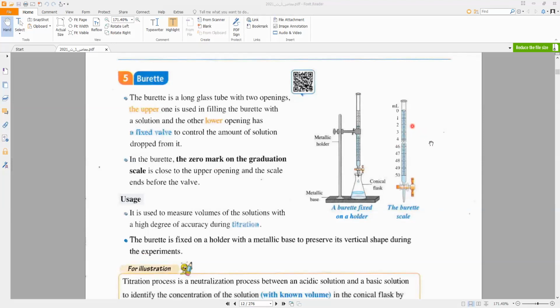In the burette, the zero graduation mark is close to the top. Most of the tools which we studied are graduated from lower to upper, but in the burette, the graduation is from upper to lower.